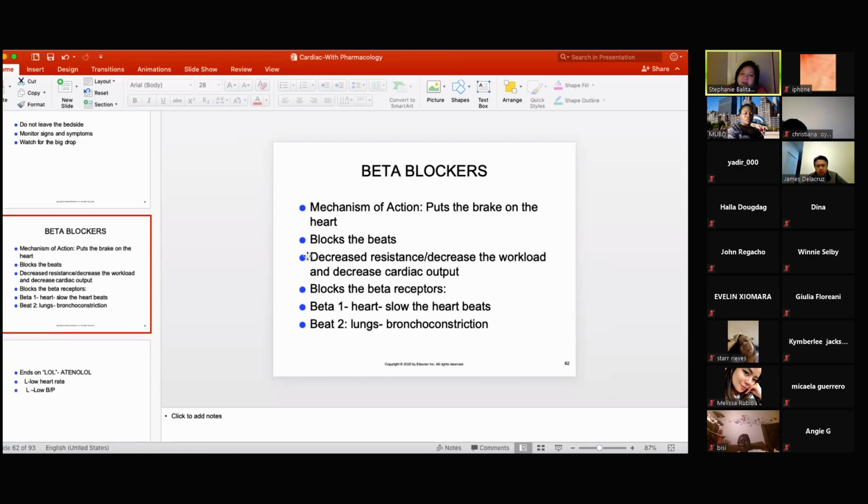The way they block the heartbeat is they're blocking the beta receptors. Beta receptor 1 is in the heart, right?